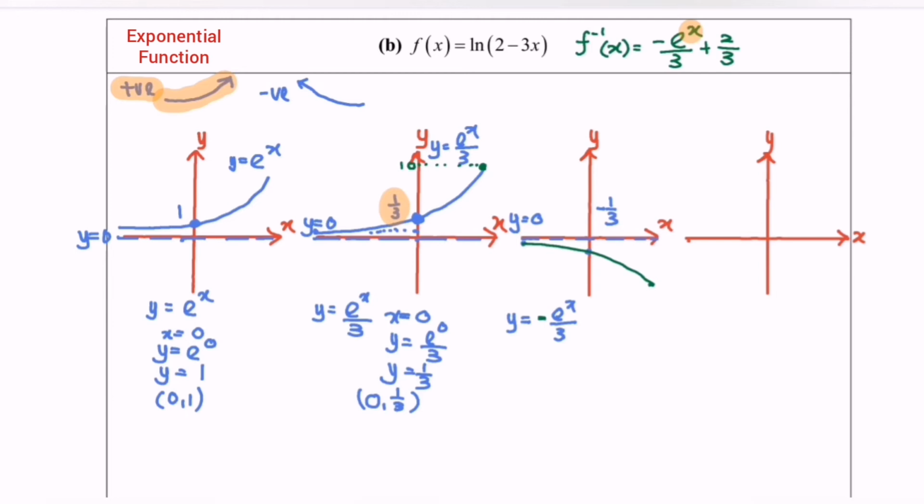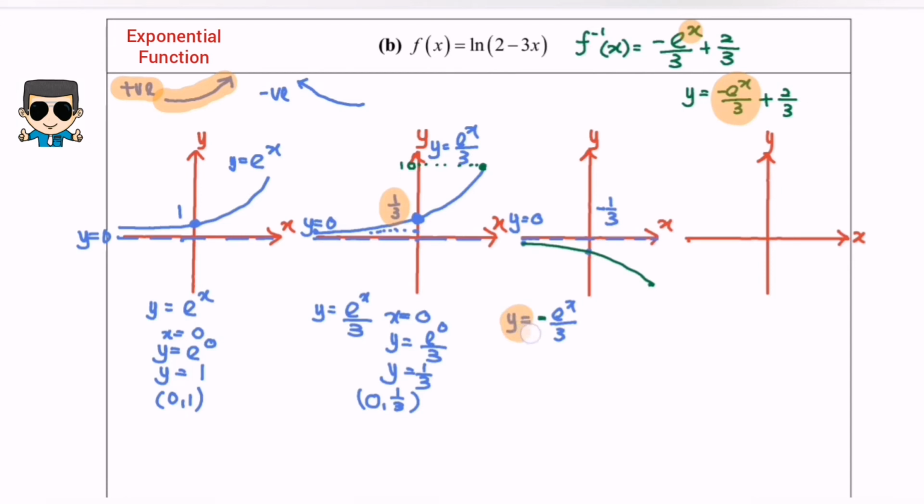Now the final one, the situation will be plus 2 over 3. So y equals negative e to the power of x over 3 plus 2 over 3. What kind of shift is plus 2 over 3? It shifts the y.